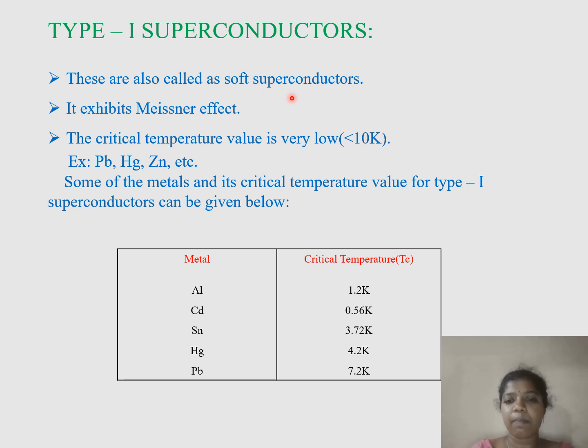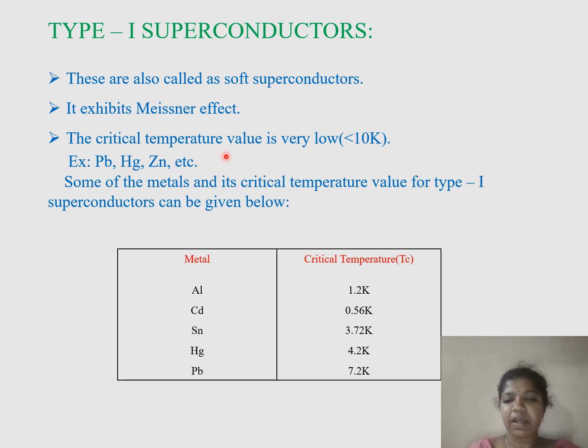When we apply an external magnetic field, they lose their superconductivity easily. So this type of material is called a soft superconductor, and it also exhibits the Meissner effect. Meissner effect means the superconductor does not allow any magnetic field inside. That type of phenomenon is called the Meissner effect.